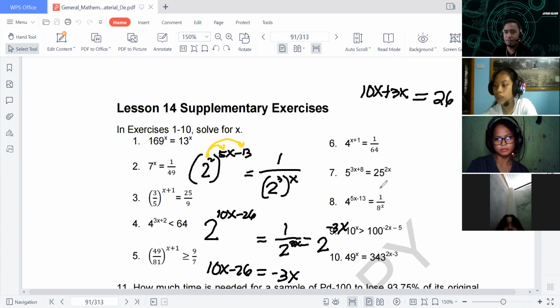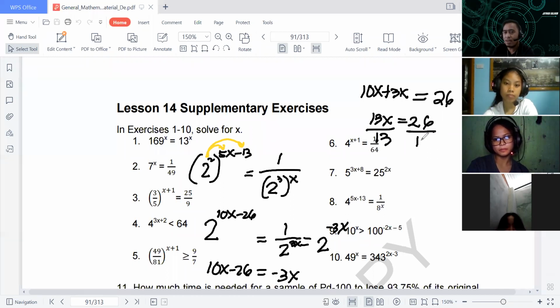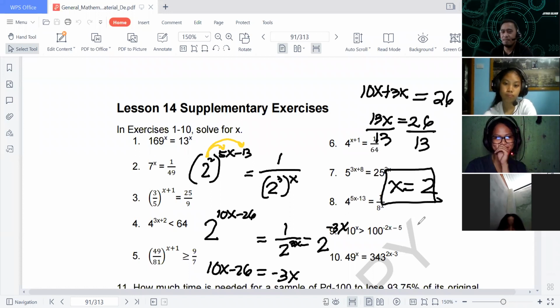Right? What's the answer? 13x equal to 26. So you want to solve for x, so you divide both sides by 13. So your x now is just equal to 2. Just as simple as that.